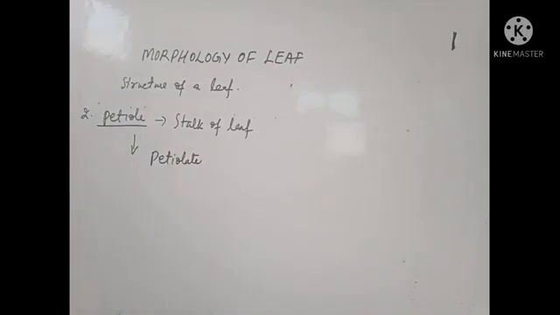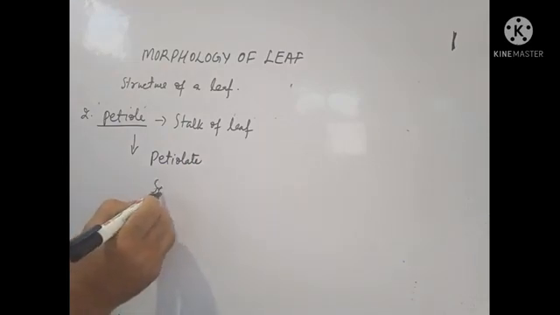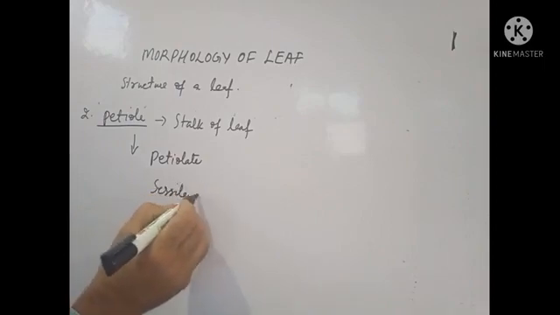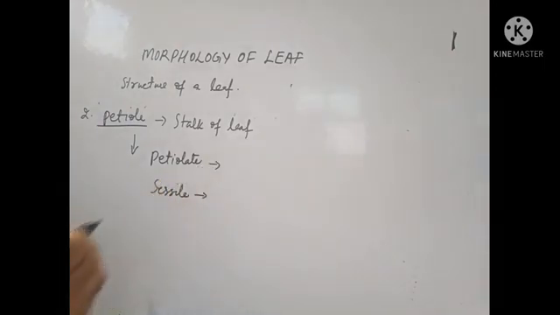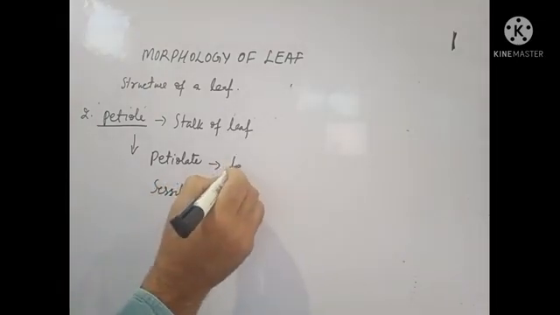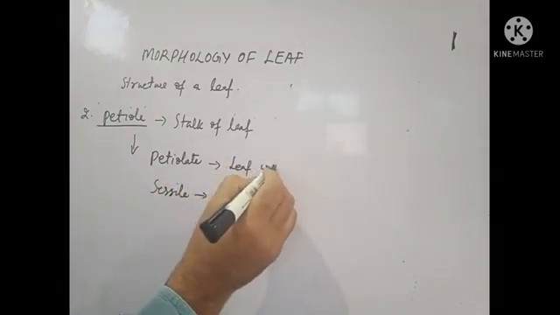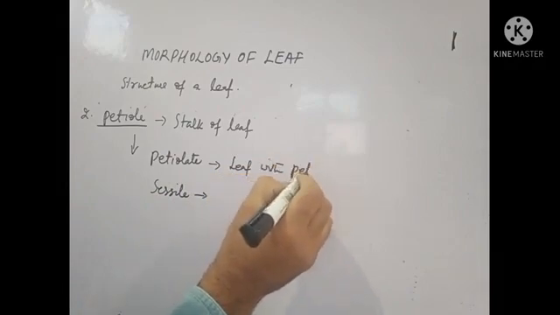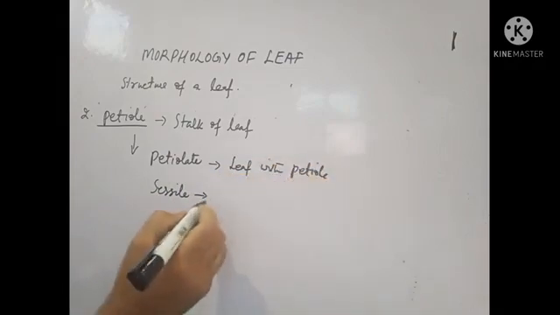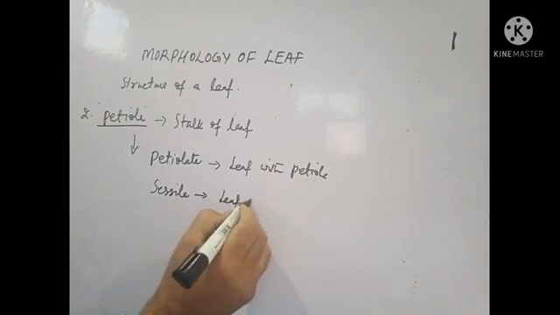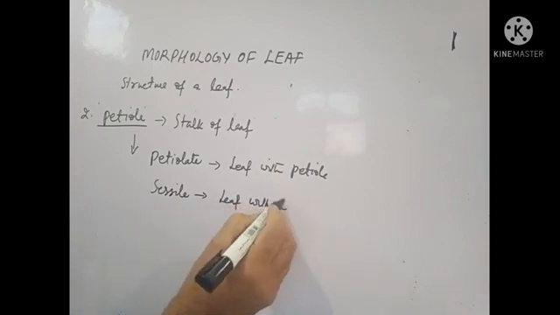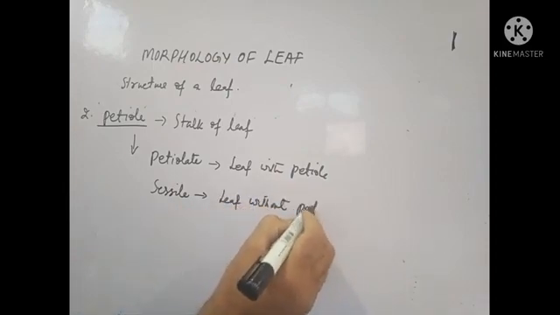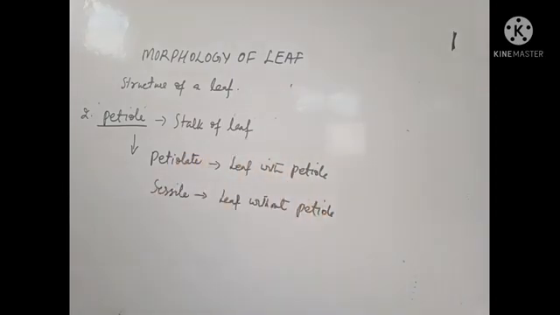And when the leaf is without petiole, it is called sessile. So petiolate, leaf with petiole, sessile, leaf without petiole.